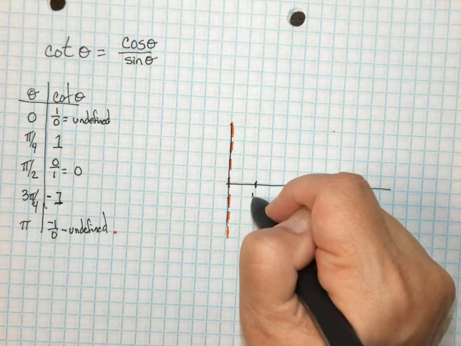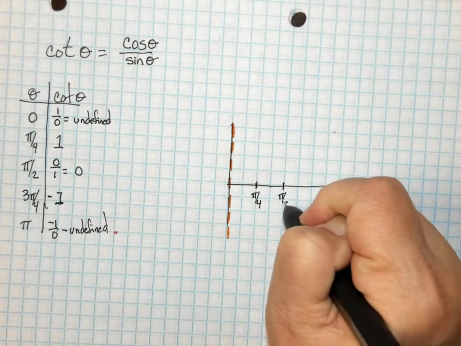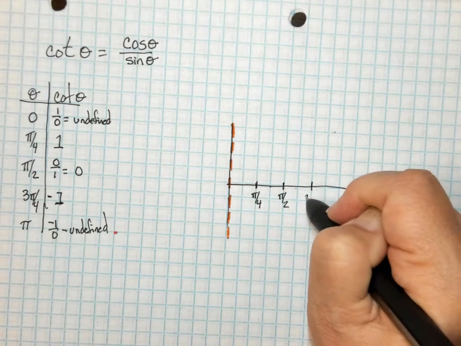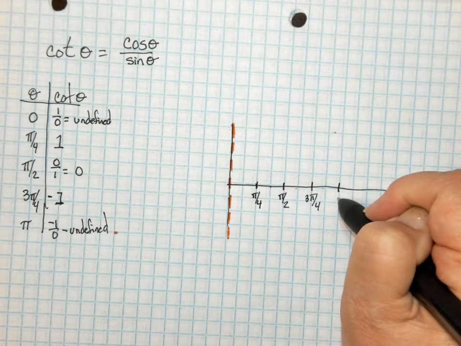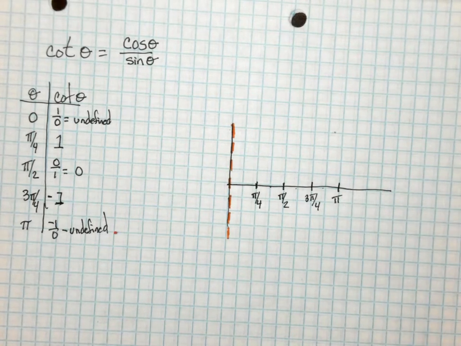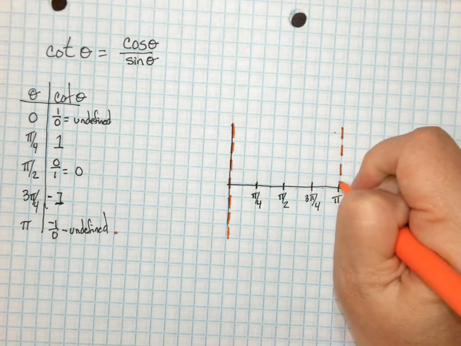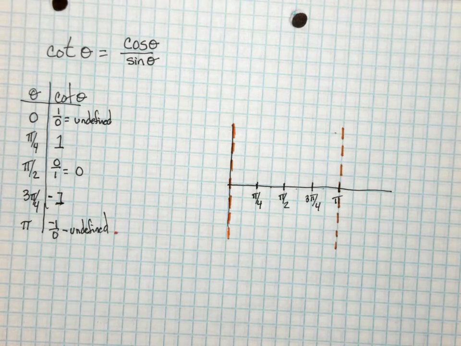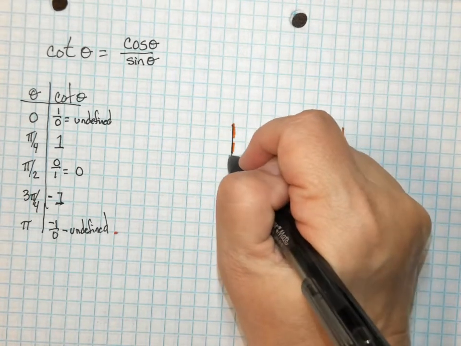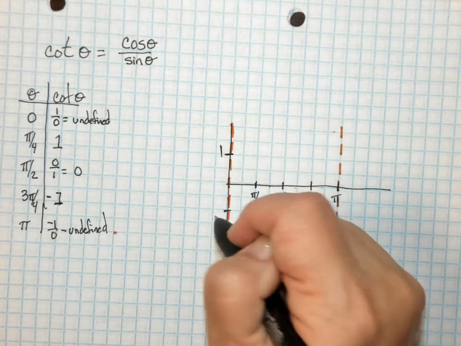And then I'm going to have pi over 4 here, and pi over 2, and 3 pi over 4, and pi. And at pi, I also have an asymptote. On my y-axis, I'm going to label 1 and negative 1.